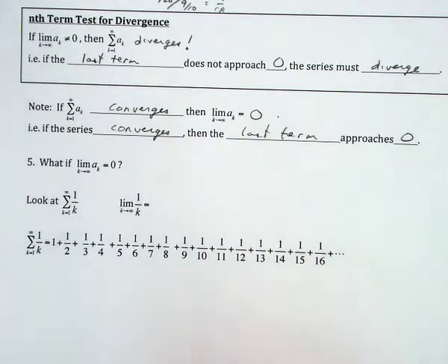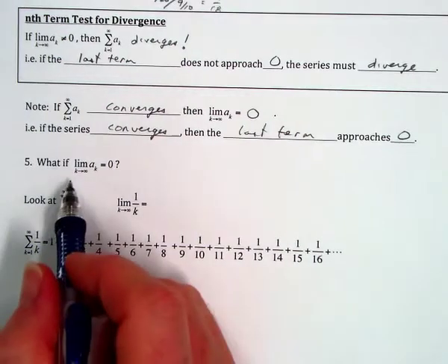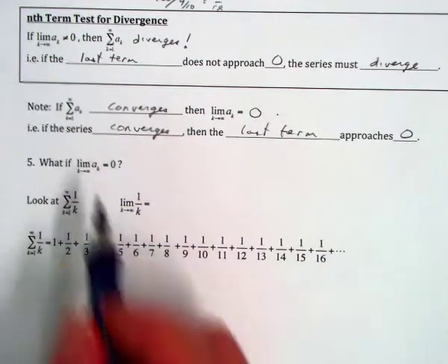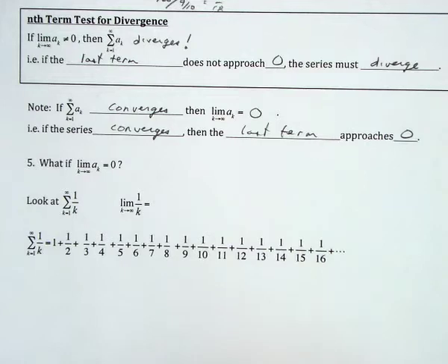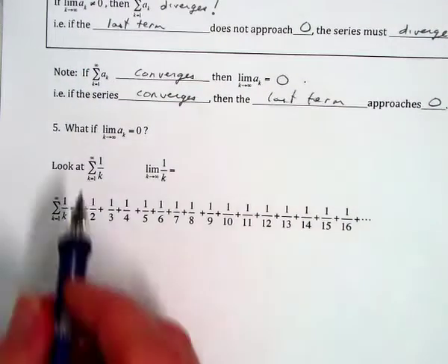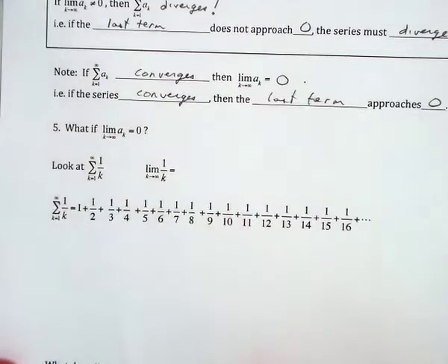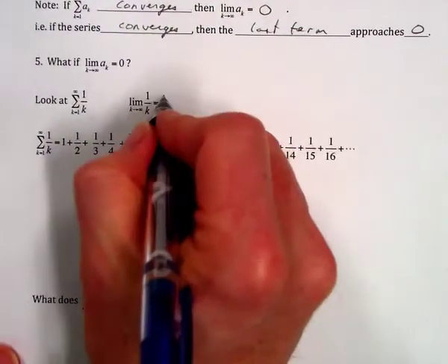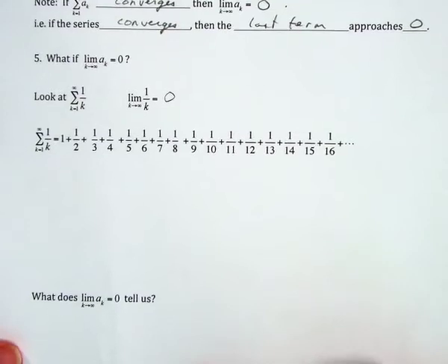So now, what if the limit of the sequence approaches 0? That last term is going to 0. What's going to happen for that? Well, let's take a look at an example. The sum from k equals 1 to infinity of 1 over k. We can have the limit as k goes to infinity of 1 over k. That's going to give us 0.